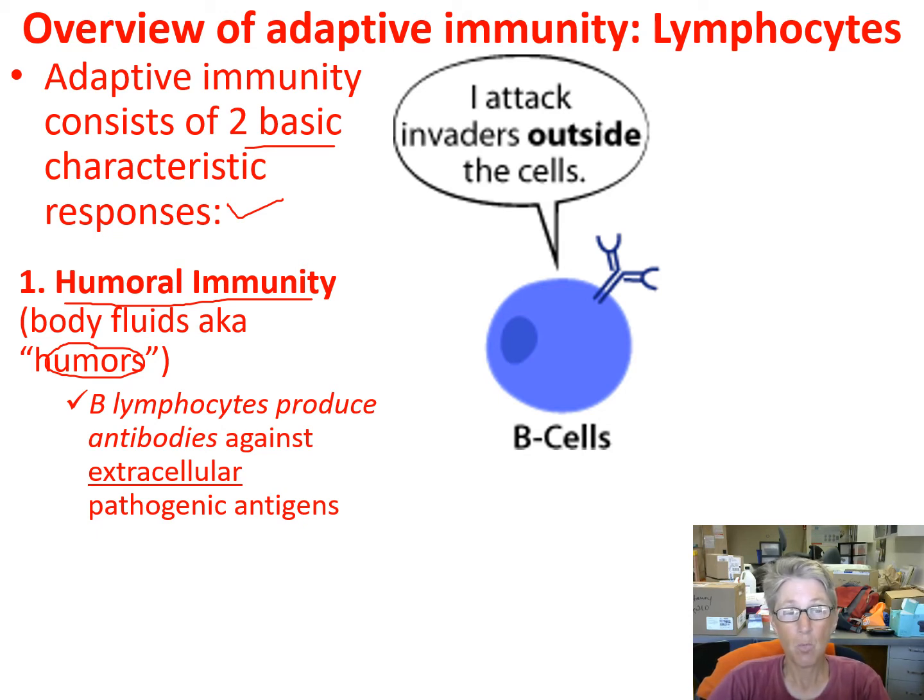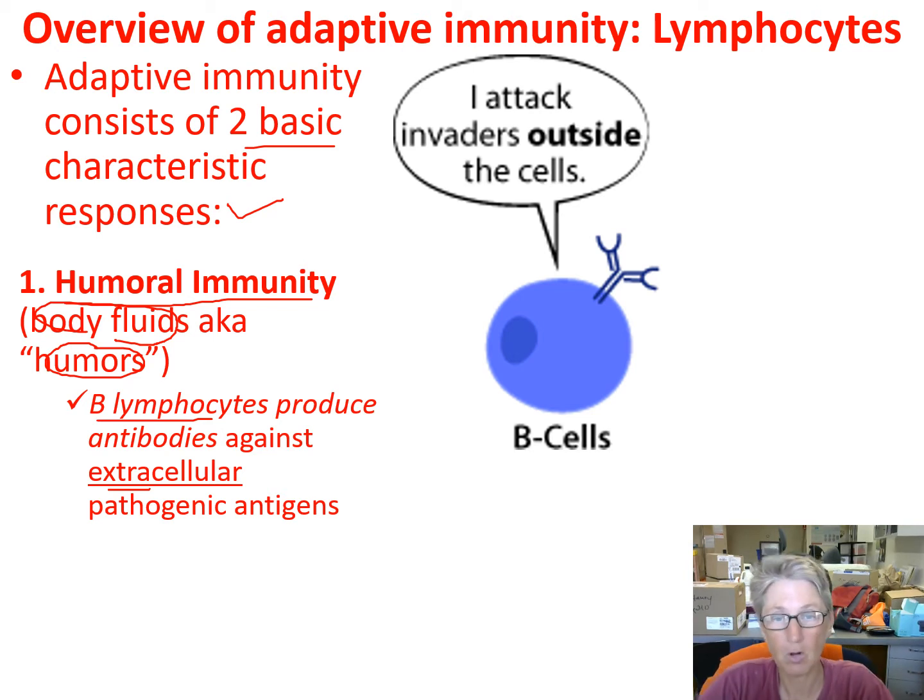In humoral immunity, the B lymphocytes make antibodies, and the antibodies are floating around in the body fluids like your blood, aka your humors, and the antibodies act against extracellular pathogenic antigens. So if you are a bacteria with pathogenic antigens on you, and you are not inside a cell, but roaming freely around in the tissues or blood, then B lymphocytes will produce antibodies that can kill you because you're not inside a cell.